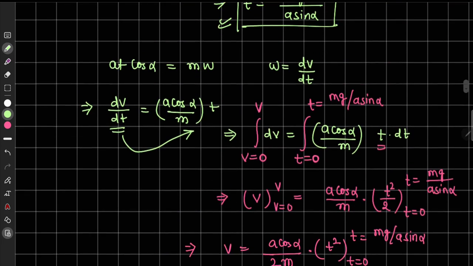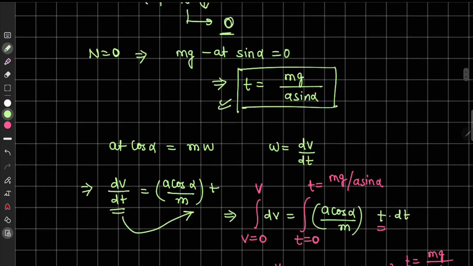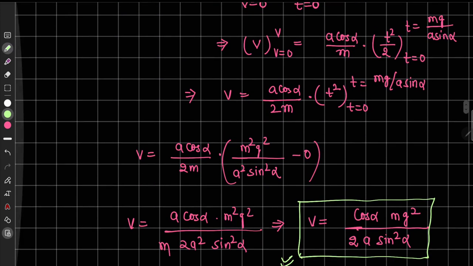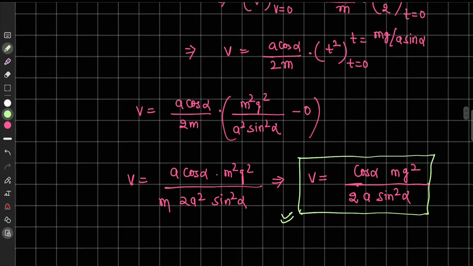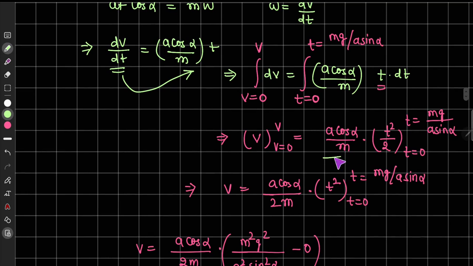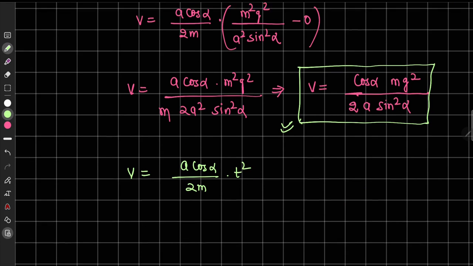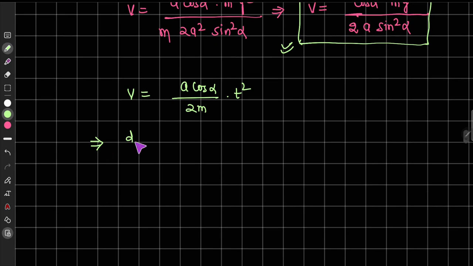Now in the second part of this problem it is asking to find the distance traversed by the body up to this particular moment. We have already obtained the velocity as a function of time, that is v equal to a cos alpha upon 2m into t square, and velocity is the derivative of the displacement with respect to time.